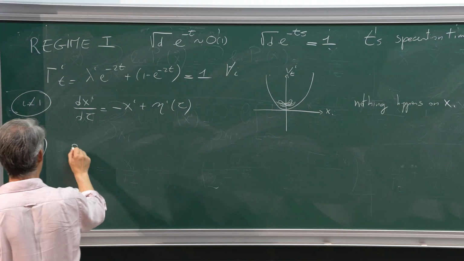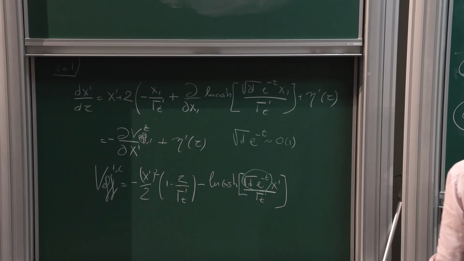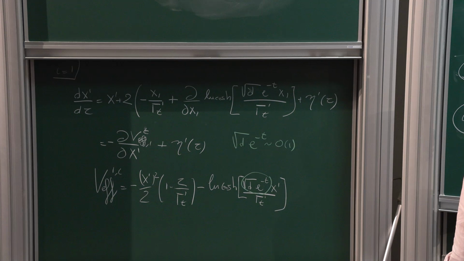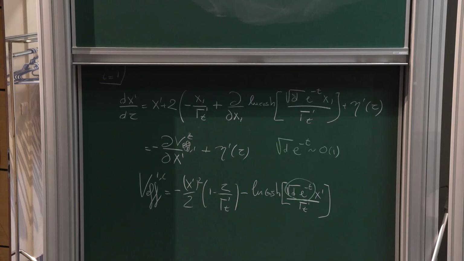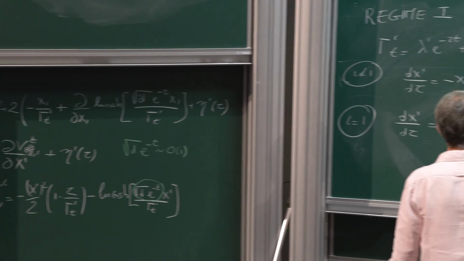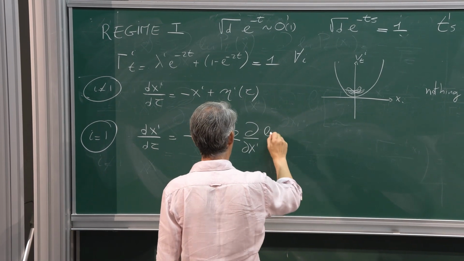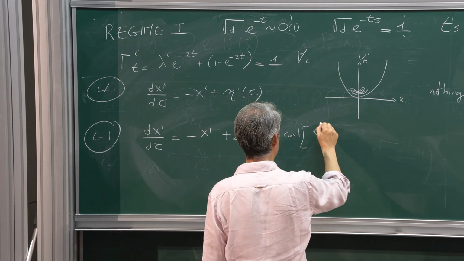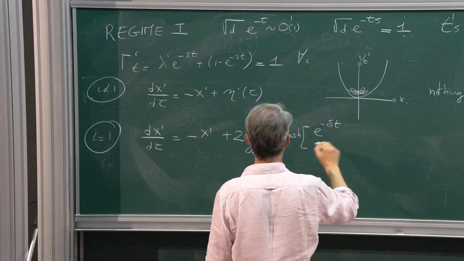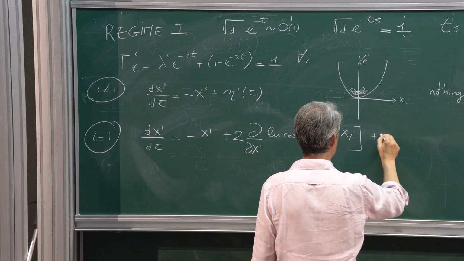So for i equal 1, I get dx1 d tau equal to, same thing here, a term which is minus x1, which comes from the sum of these two, and then plus twice the derivative with respect to x1 of log of hyperbolic cosine of square root of d exponential minus t, which is exponential minus delta t, times x1, with gamma 1 equal to 1, plus eta 1 of tau.